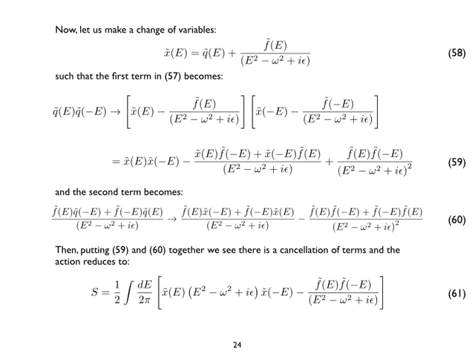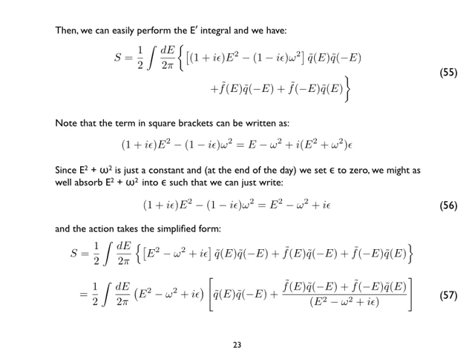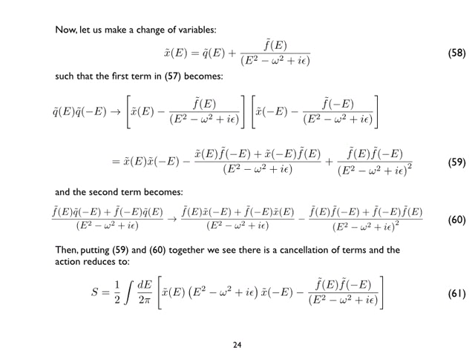But the second term, what can I do to it? The second term in equation 57, when I do the change of variables, I'm replacing q twiddle with x twiddle, and so that looks like f twiddle.